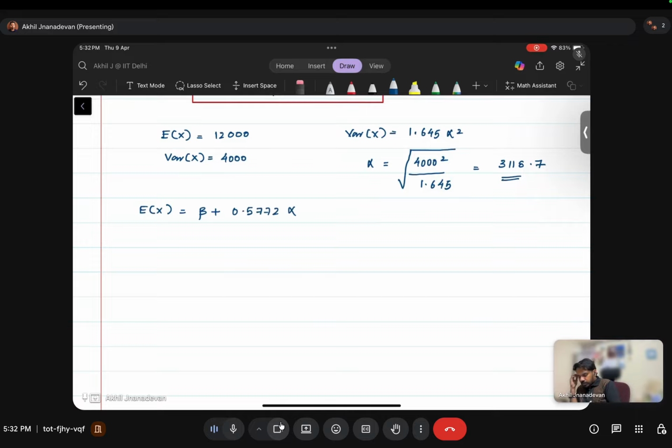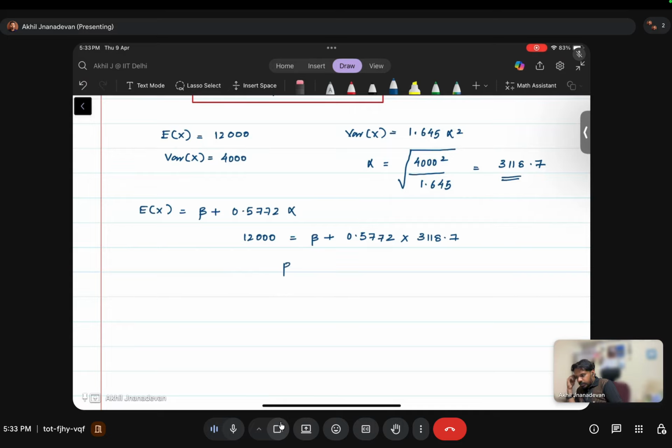So expectation of x, 12,000, is equal to beta, which we need to find, plus 0.5772 into alpha, that is 3118.7.